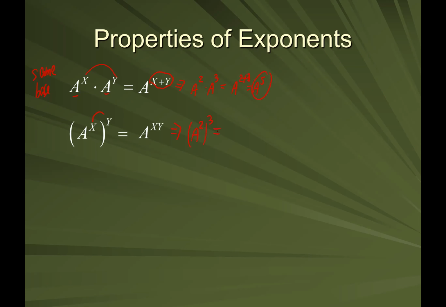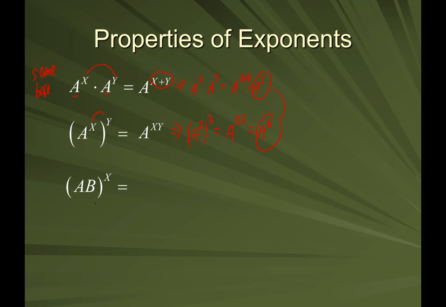So right now, we basically just keep the base a, and you multiply 2 and 3. It becomes a to the sixth power. Okay, so it's a to the 6. Notice that it's a different result, right? From the multiplying of exponents, raising an exponent to another exponent is totally different. And we also have distributive properties here.